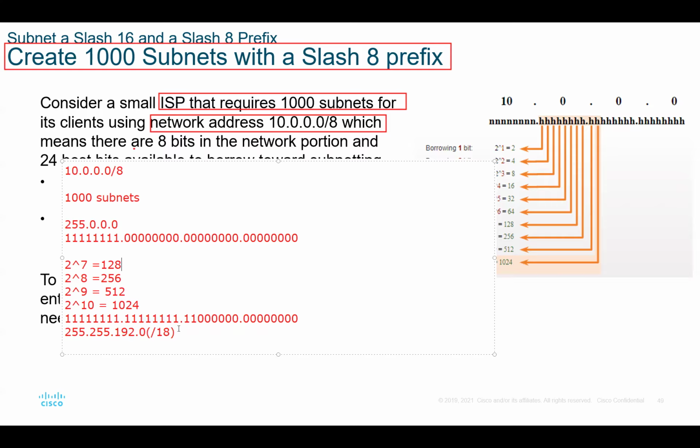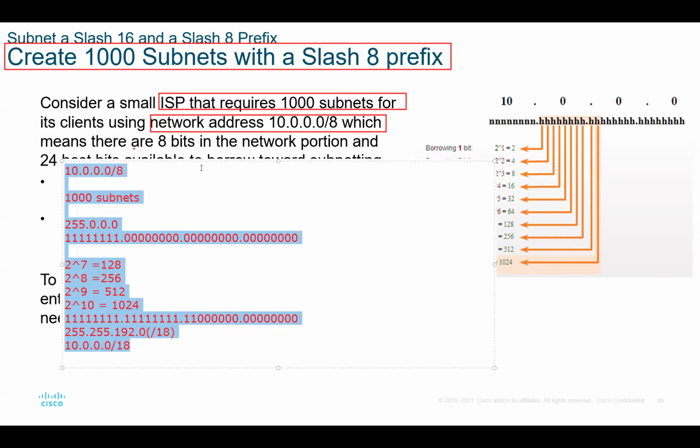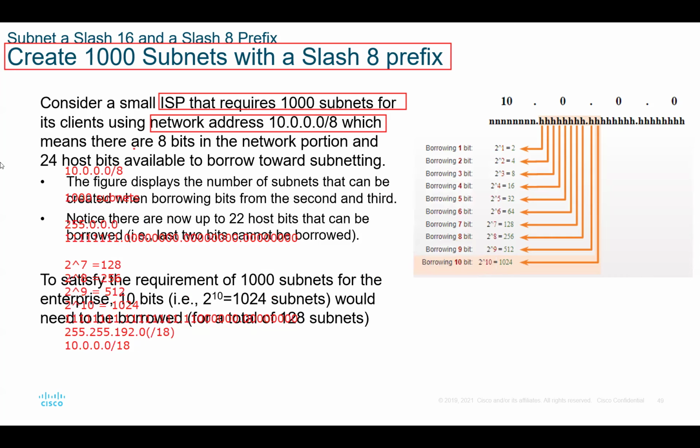So our first network address will be 10.0.0.0/18. And then, of course, you can do the math, get the broadcast and the rest. So you can subnet, whether it is a class A, class B, class C, it doesn't matter. You can always subnet it to meet those requirements. Okay. I hope that is also clear there.